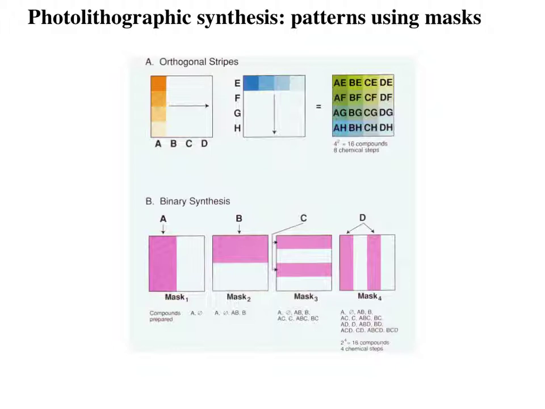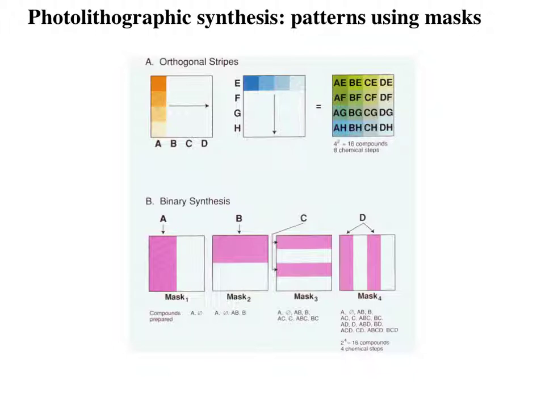In photolithographic synthesis, patterns are generated using masks. So you can generate a pattern based on orthogonal stripes, so that you have all of A's, all of B's, all of C's being laid down, and then all of E's, F's, and G's. And so in this case, you would get 4, right? Because there are 4 sets of building blocks to the 2 power, so 16 compounds, 8 chemical steps.